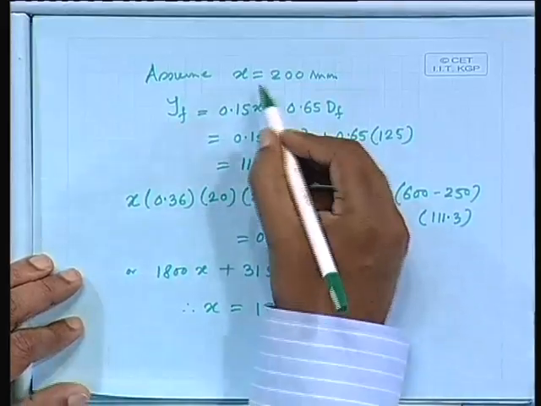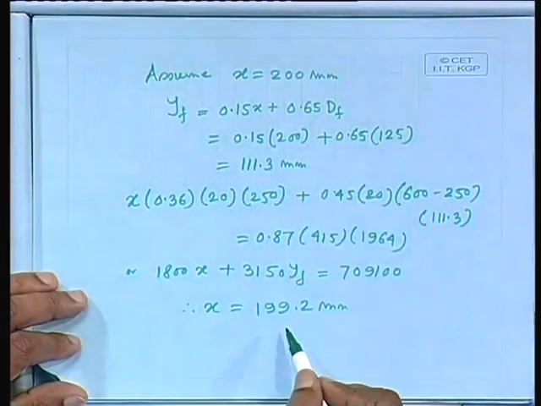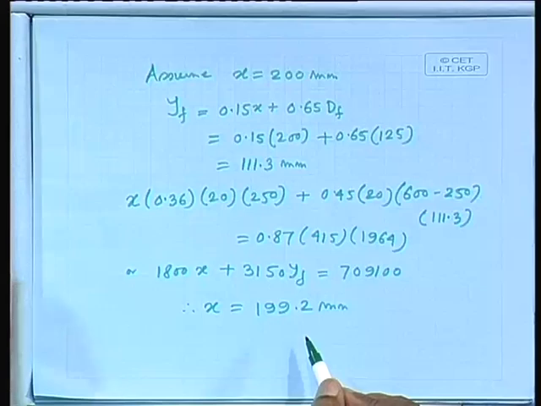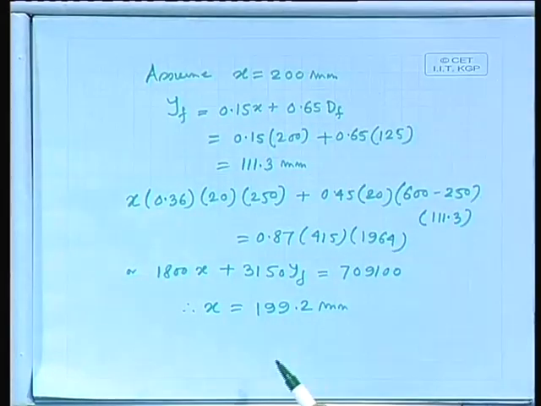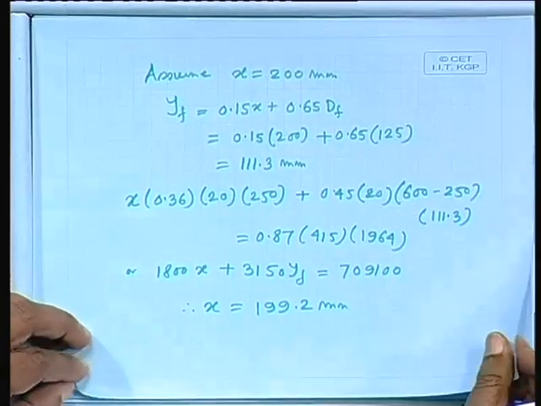That means, if we take x equal to 200 millimeters, we are getting x equal to 199.2 millimeter. So, in this case we can take x equal to 200 millimeter.